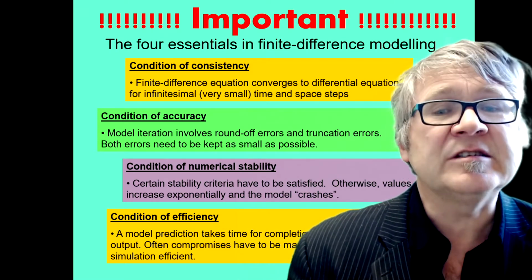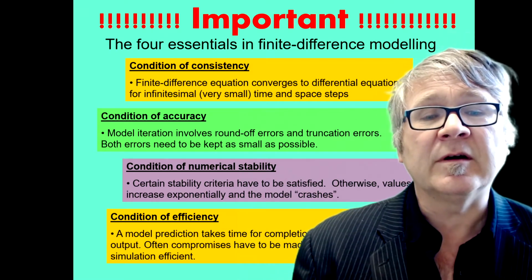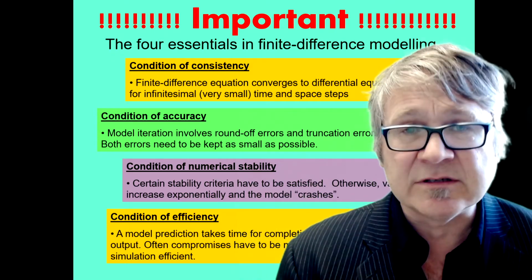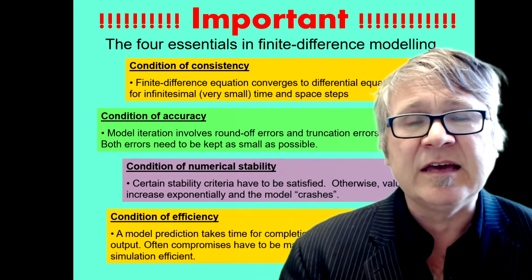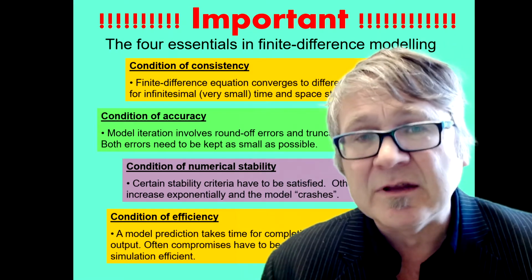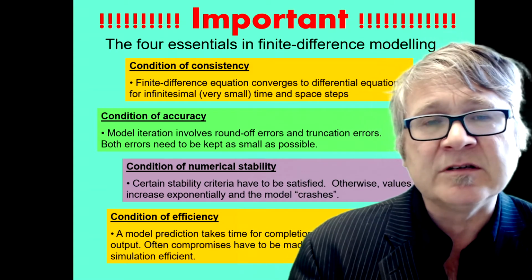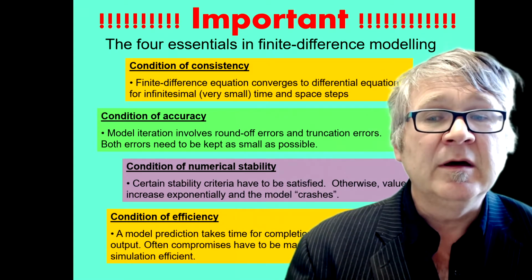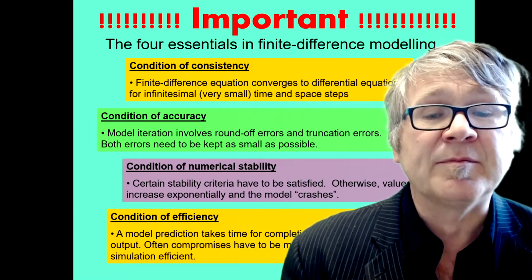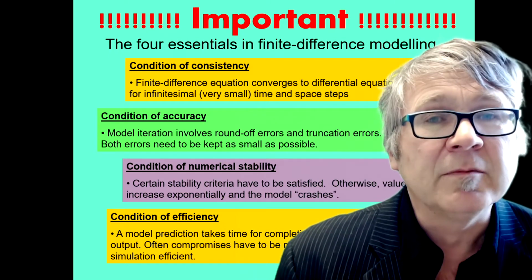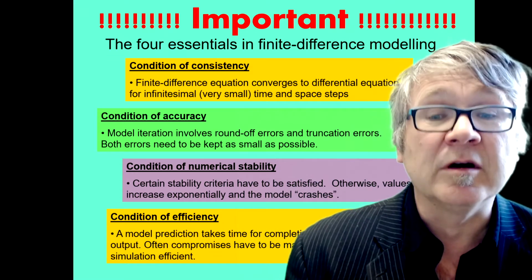Some digits will be ignored. The second type of errors are truncation errors, and that's the error associated with the numerical scheme that you use, like the forward difference that you used for this paper. So both errors need to be kept as small as possible. You need to use the best scheme and maybe also the best computer.